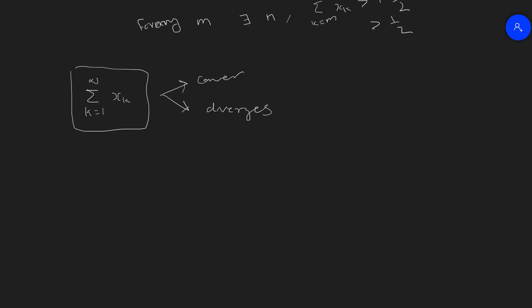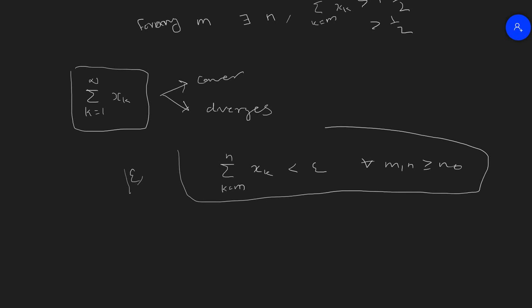By Cauchy's criterion for the convergence of a series, we know that for all epsilon we can get a certain n naught such that the sum from k equals m to n of x_k is less than epsilon for all m, n greater than n naught. This is Cauchy's criterion for the convergence of the series.